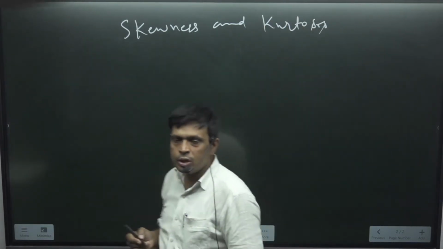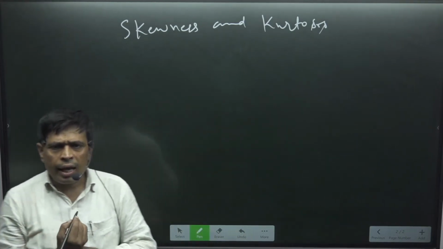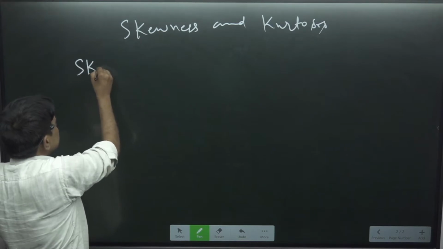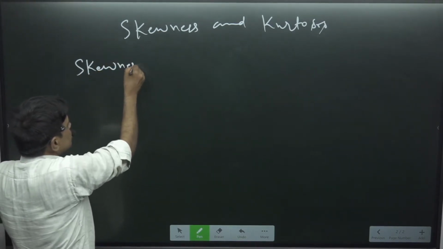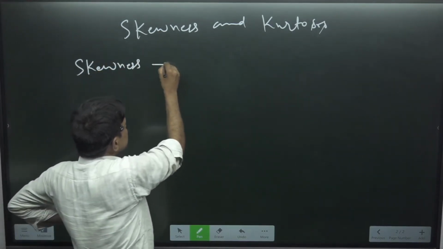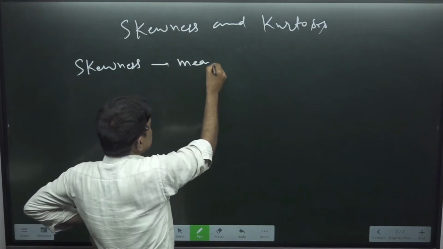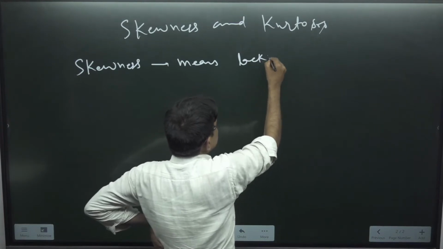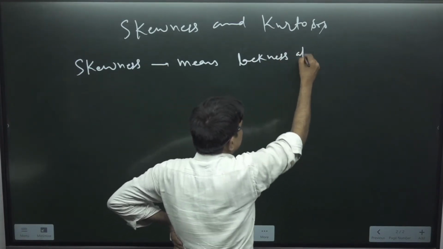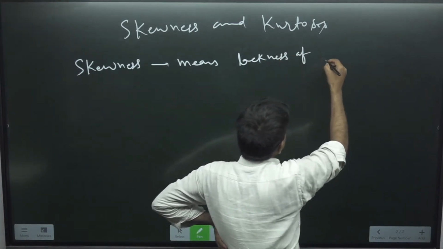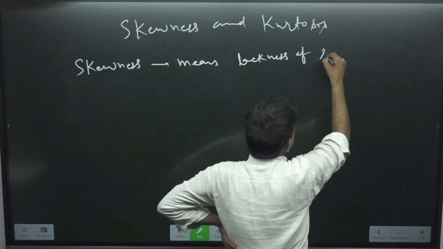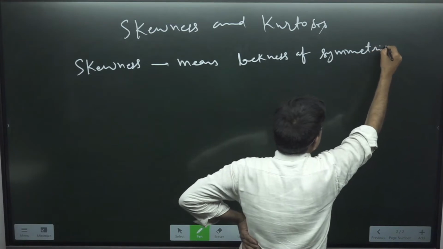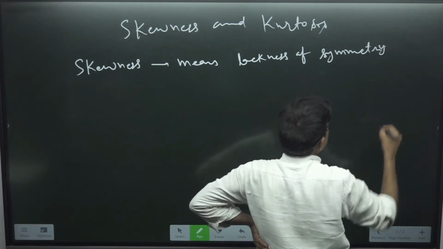So here skewness represents the asymmetry. Skewness means lack of symmetry.